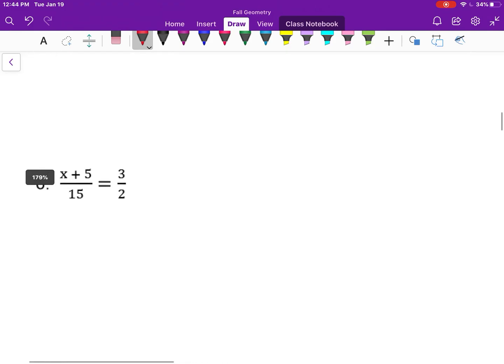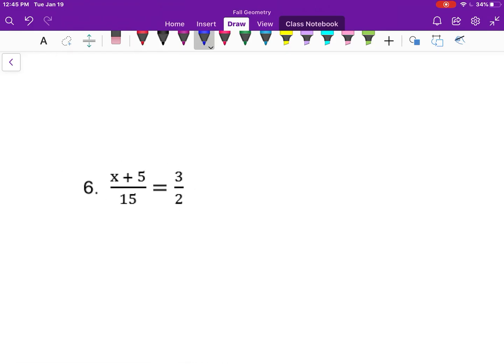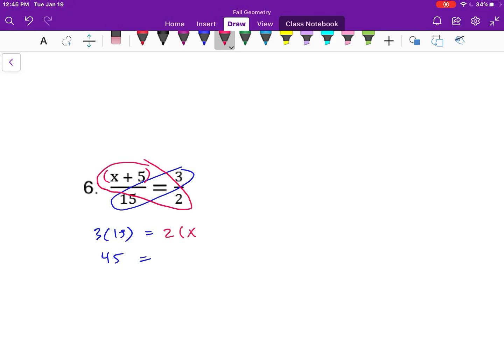Now you will have a few of these algebraic proportions to solve. Just a quick reminder: cross multiply. 3 times 15 gives you 45. And then here, when you have an x plus a number, put the parentheses there, it helps you out. So you have 2 times (x plus 5).